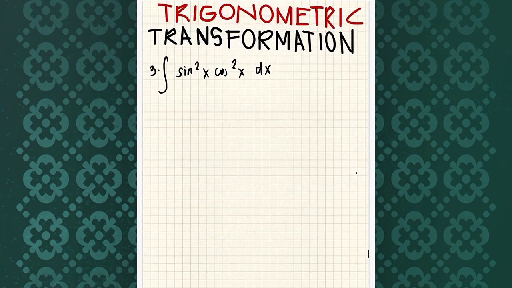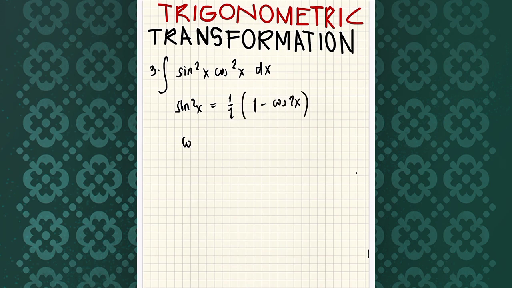This is our problem number 3, which is the integral of sine squared x cos squared x dx. This is a product of powers of sine and cosine, and both are squared. We can simply use trigonometric identity, and as we can see, it has an even power, so we can use the power reduction identity. The value for sine squared x is equal to 1 half 1 minus cos 2x.